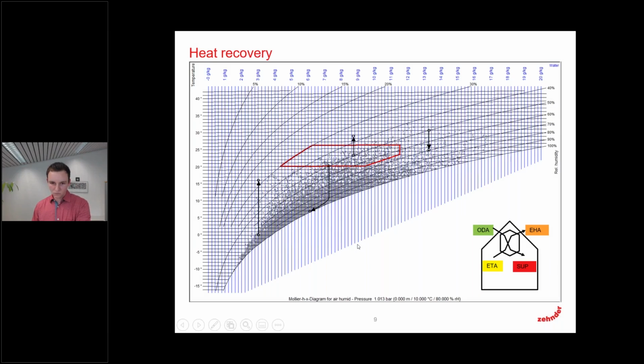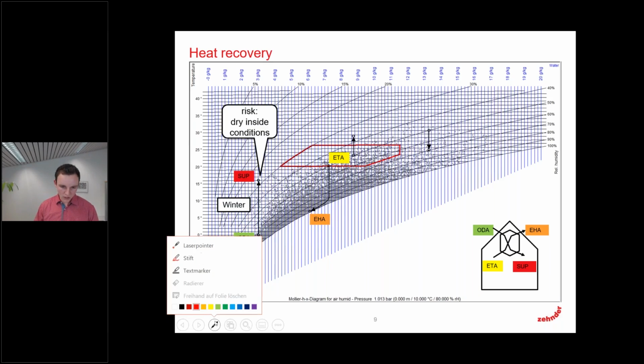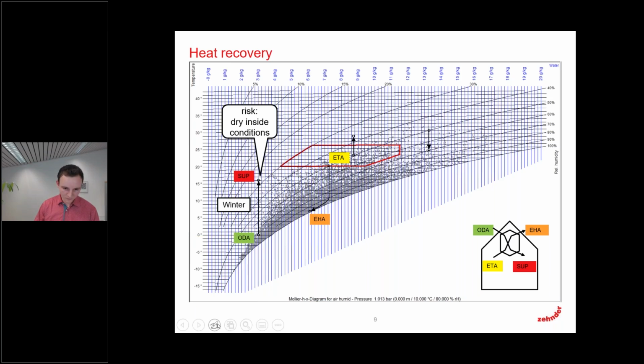So now we start with the standard heat exchanger in the winter case. What you can see here is that we take in the outdoor air at a level of 0 degrees, and the absolute humidity is 3 grams per kilogram dry air.